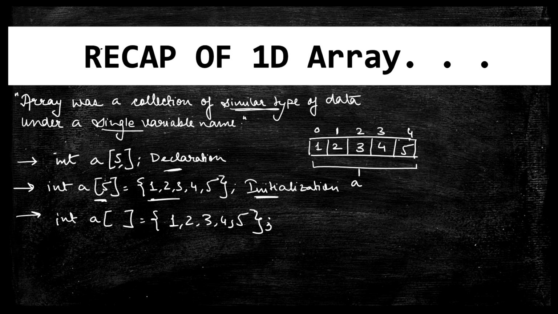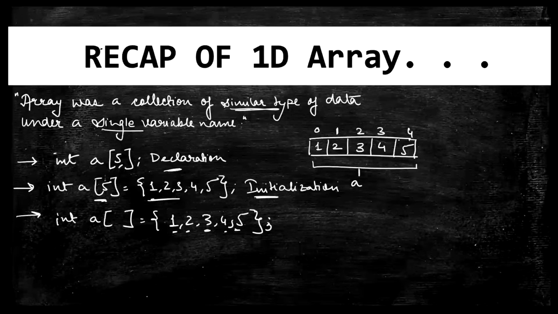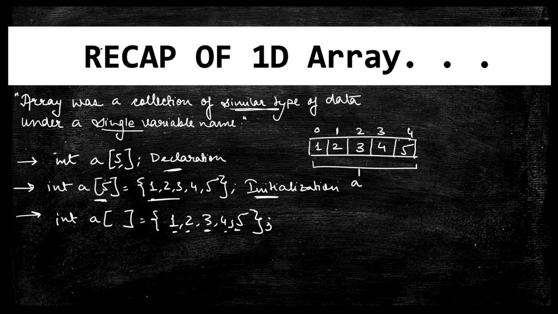The compiler will automatically understand that this array is of size 5, because on reading the entities, it can count the number of entities. It will count the number of entities and it will automatically decide the size of the array, which is 5 in this case. So after this we learned about printing using loops, and also accepting the data, and also performing operations on the 1D array. For today, this much background knowledge is enough for understanding the concept of 2D array.